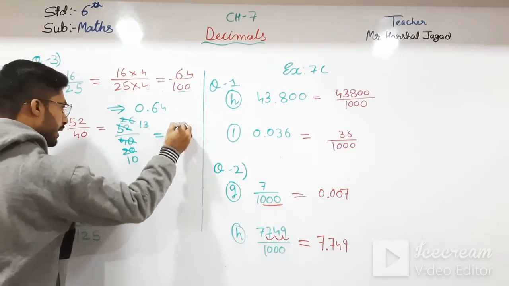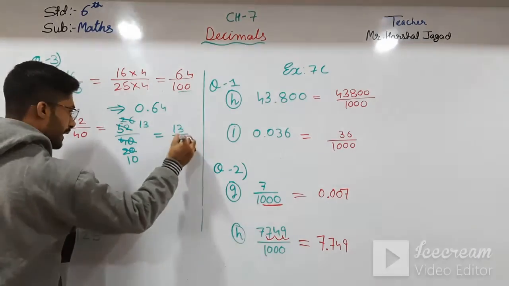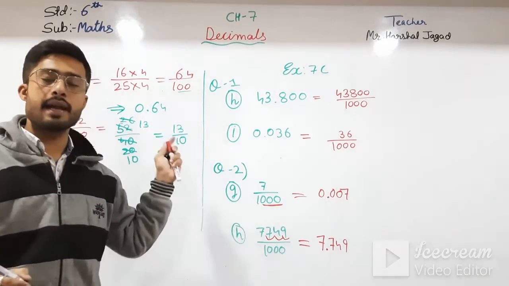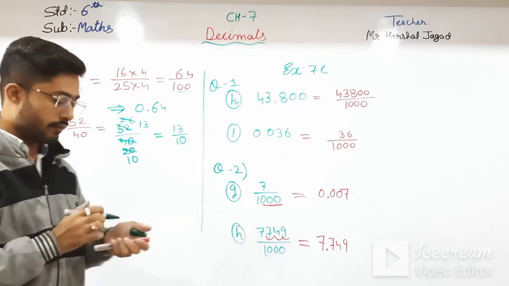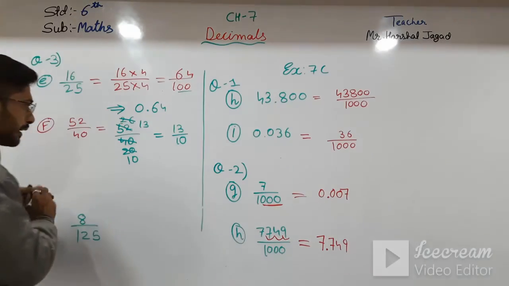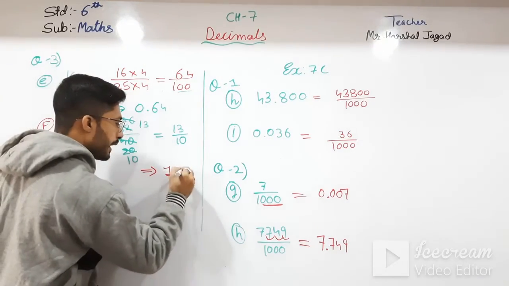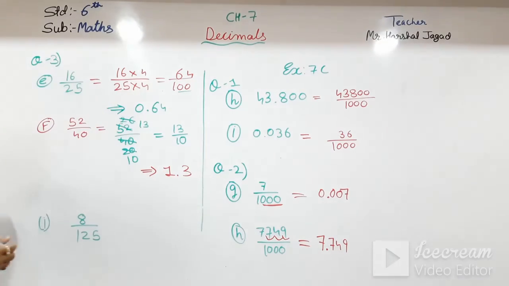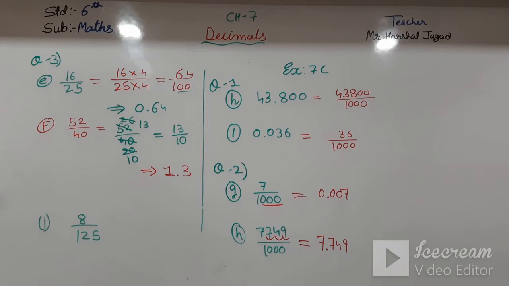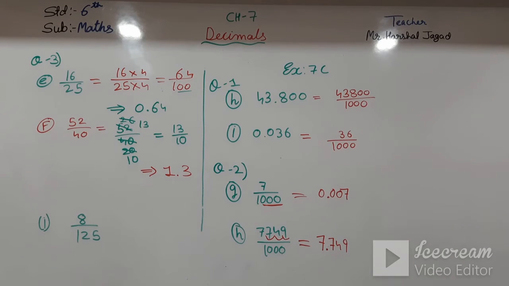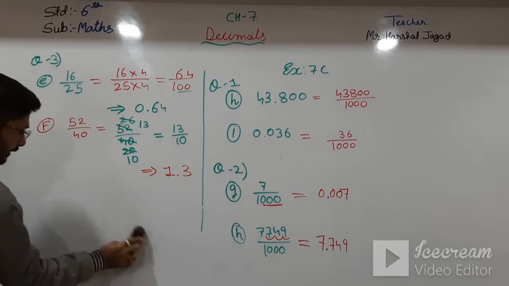So we get 13 by 10. Now it is already in the 10, 100 or 1000 form, so we directly write the answer, that is 1.3.